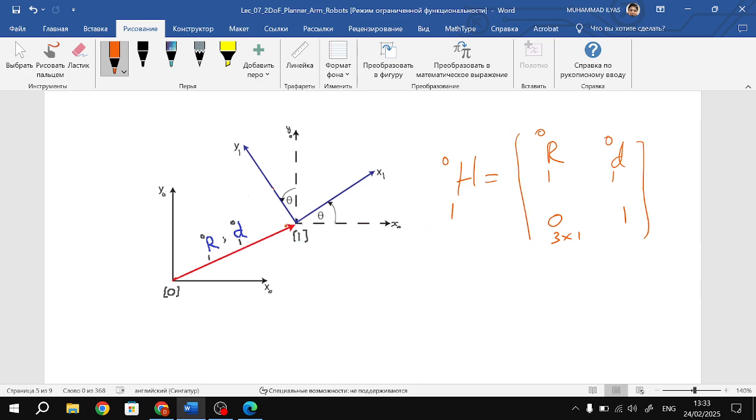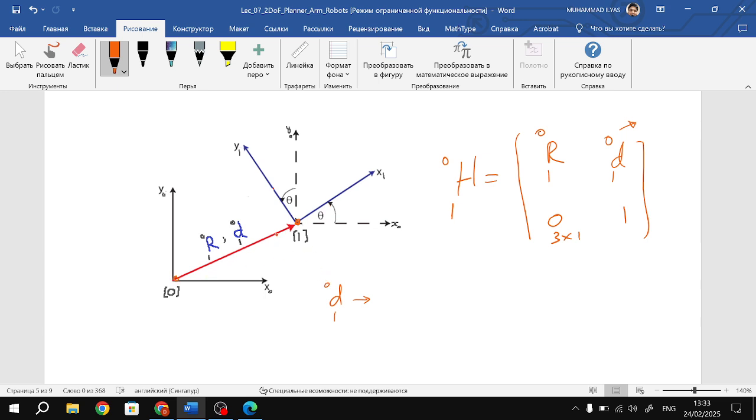So this is the picture, right? What is the meaning of this d 1 to 0? It is a displacement vector, a position vector, pointing to the origin of frame 1 and starting from the origin of frame 0.